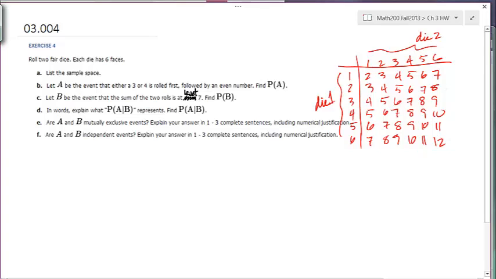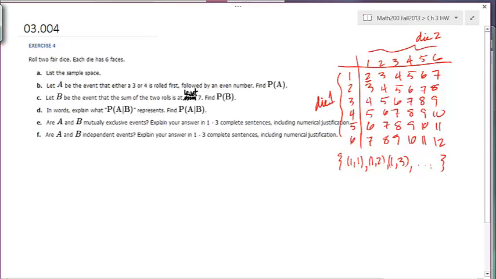Now that the table is set up, we can look at the body of the table as our sample space. But remember, the actual sample space might look like this: 1, 1 for the first one, 1, 2, 1, 3, etc., and then 2, 1, 2, 2, 2, 3, and so on.